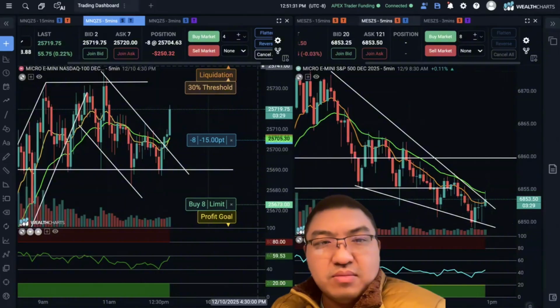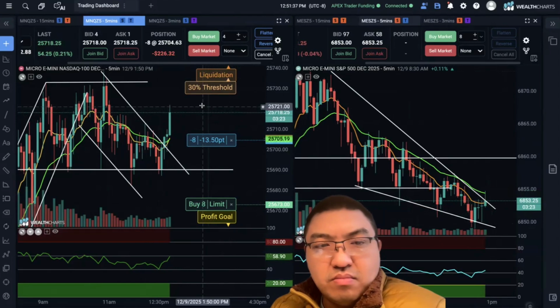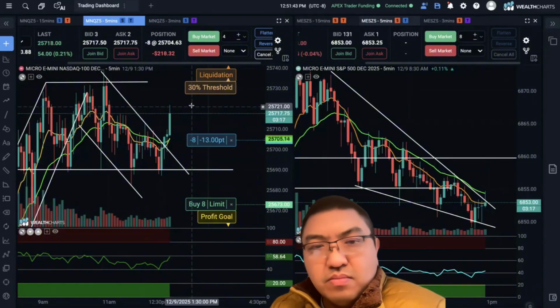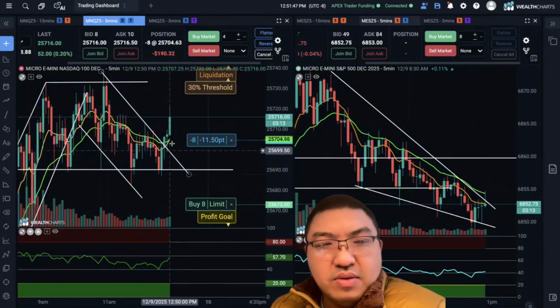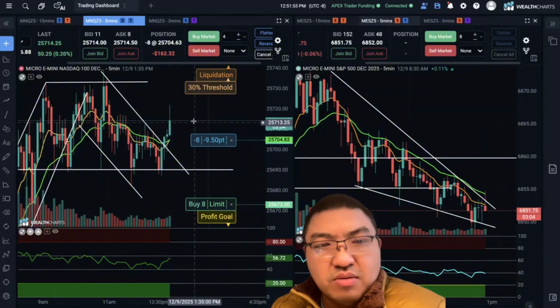What's going on? Who is going to buy? But this is like some pattern, a potential breakout that we need to quit.